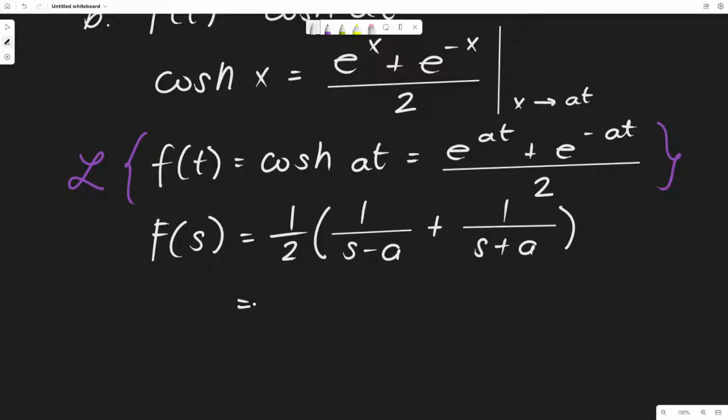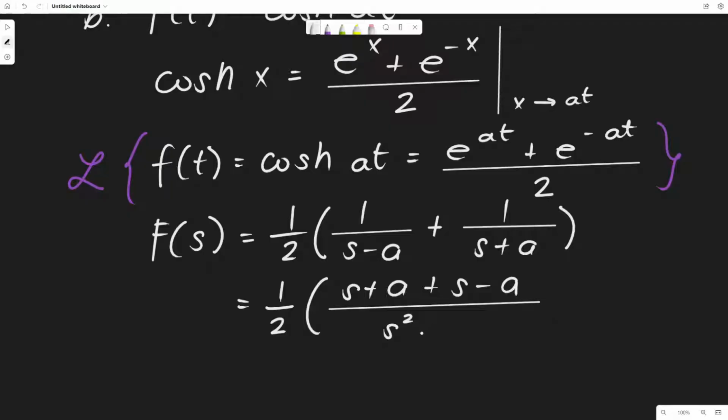Okay? So, let's simplify again. We have 1/2 multiplied to (s plus a plus s minus a). We're not going to change the sign because it is plus in the middle, right? Over s squared minus a squared.